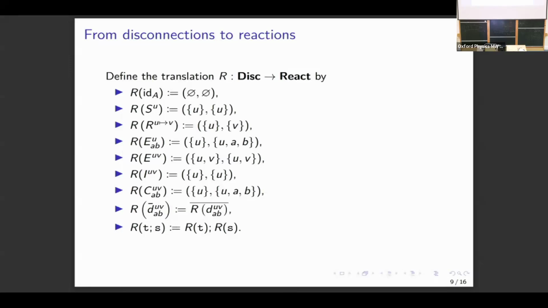Okay, and as promised, there is a translation from disconnections to reactions given by the following. Again, I don't want to spend too much time on this. Essentially you collect into these sets all of the things that have been involved in a reaction.